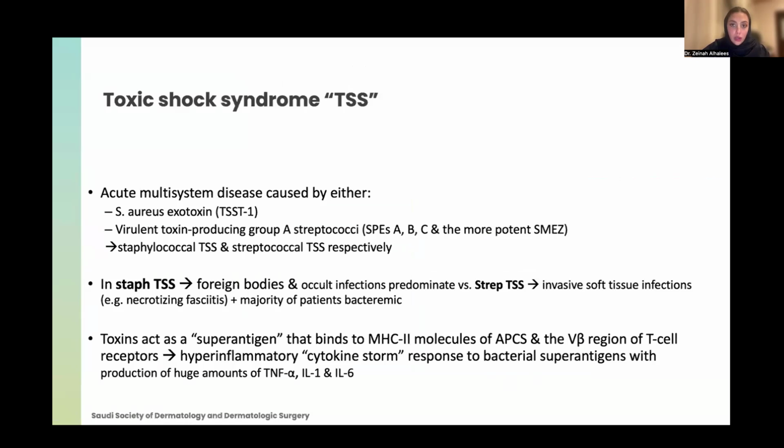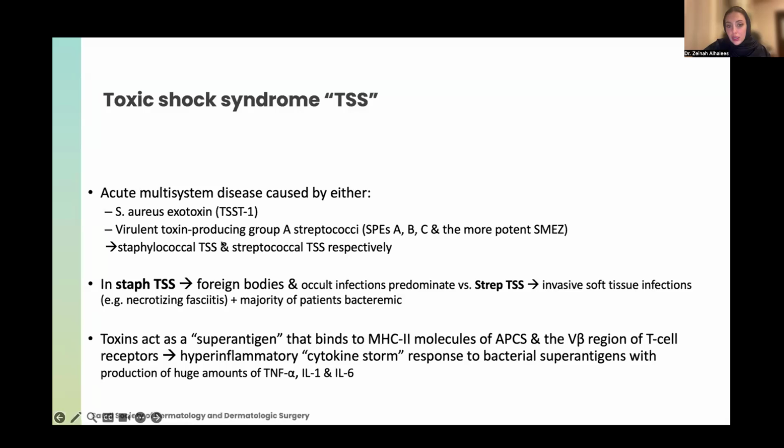How about toxic shock syndrome? Toxic shock syndrome is an acute multisystem disease caused by either your Staph aureus exotoxin, so TSST1, or your strep TSS. And we're going to talk about the difference between both of them. So what is it basically?